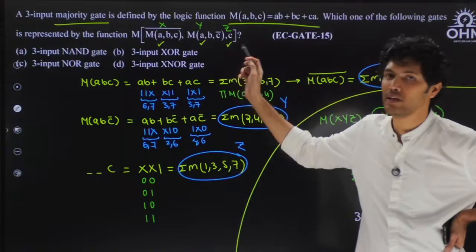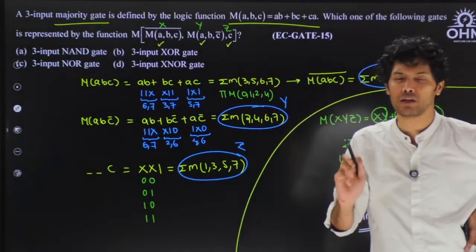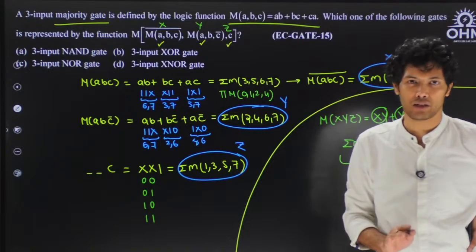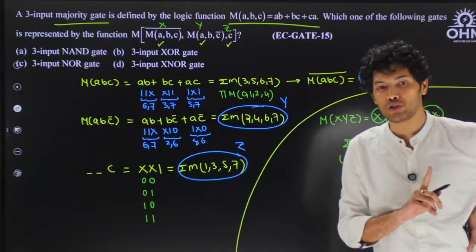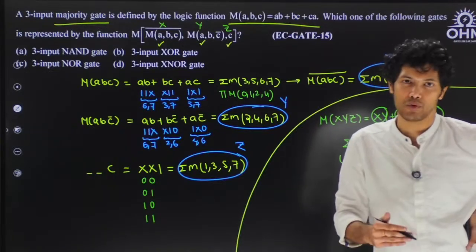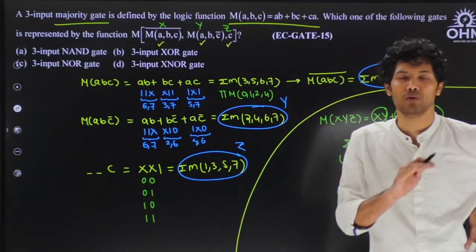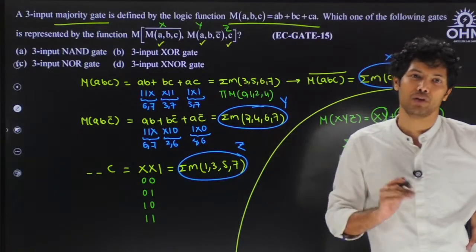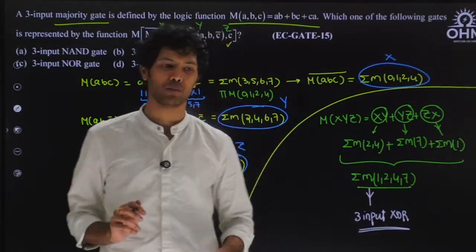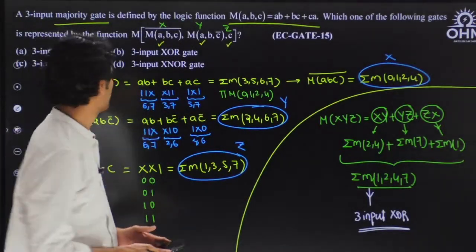If you try the traditional brute force method, there is a possibility of getting the correct answer, but first of all it will take a lot of time, and you have to be very cautious at every step, because one simple mistake here and there and your entire expression will go wrong. So be very careful. Use this min terms approach. It will greatly help you in problem solving.